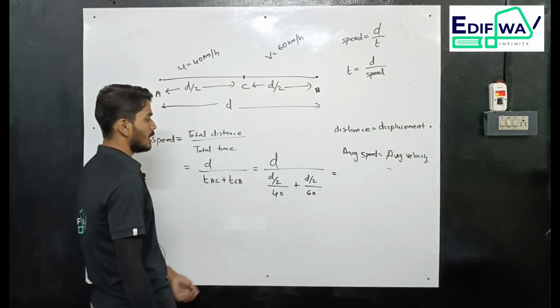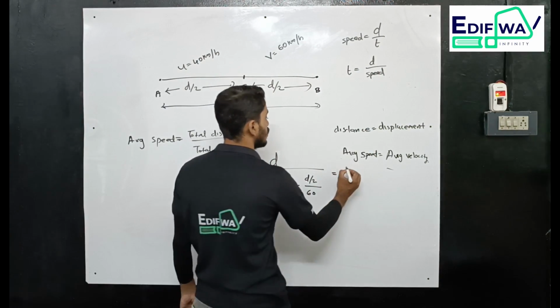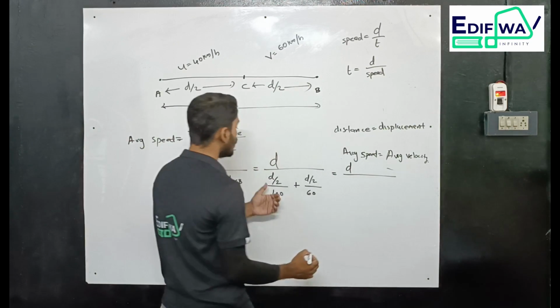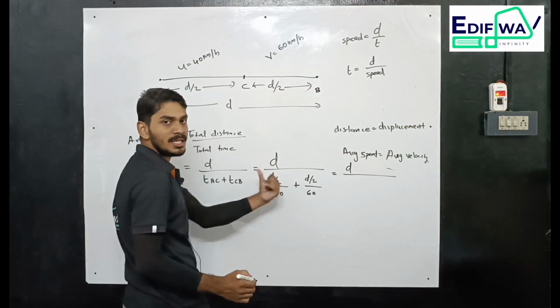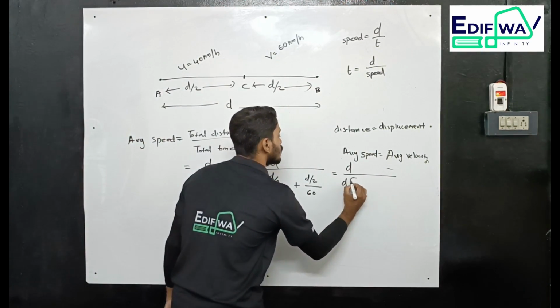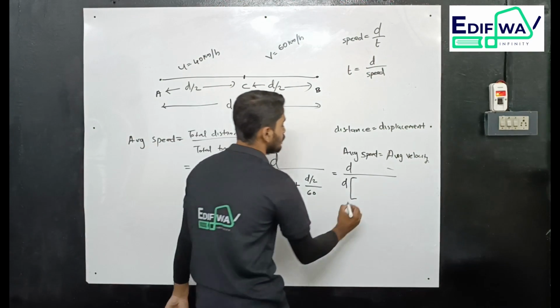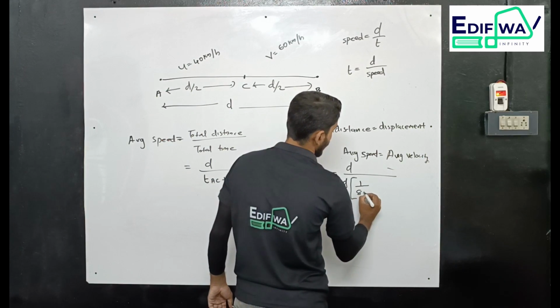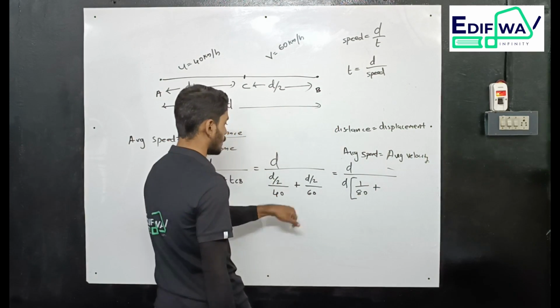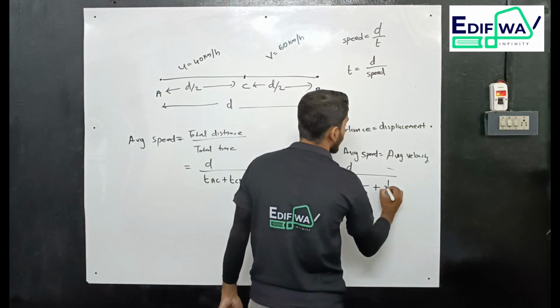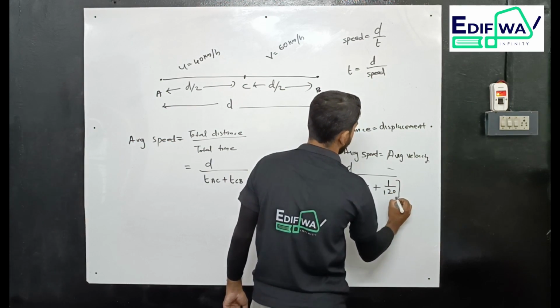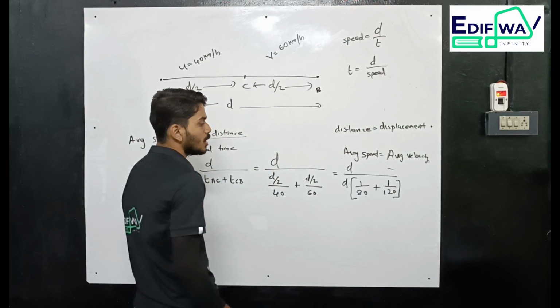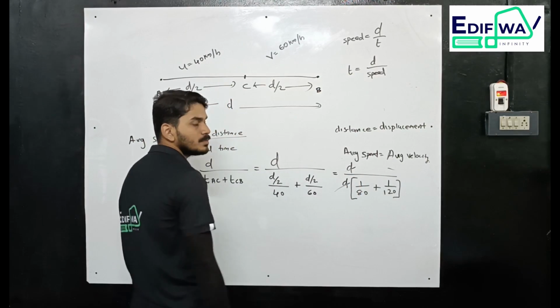How to do this? Yes, you know that. From the denominator part, you can take this d common. The remaining will become 1 by 80 plus 1 by 120, right? So both these d will cancel.